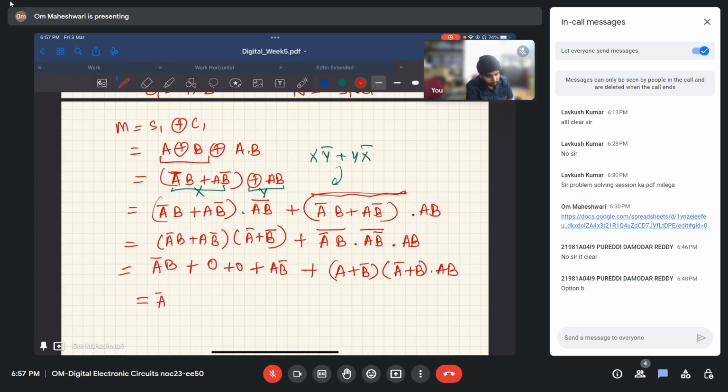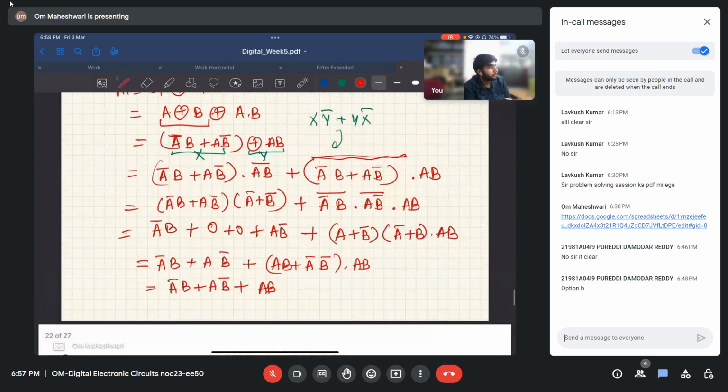Okay, so we have A bar B plus AB bar plus A bar is 0, AB plus A bar B bar dot AB. So we have A bar B plus AB bar plus AB. Okay.